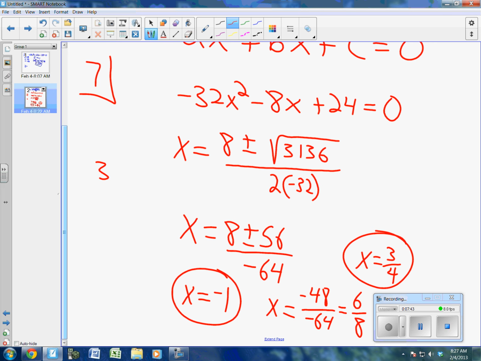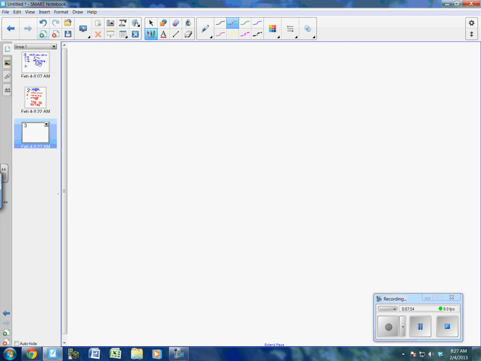Okay, now, I need to show you in case your discriminant is not a perfect square. So I'm going to show you one like that right now. I'm going to make one up.